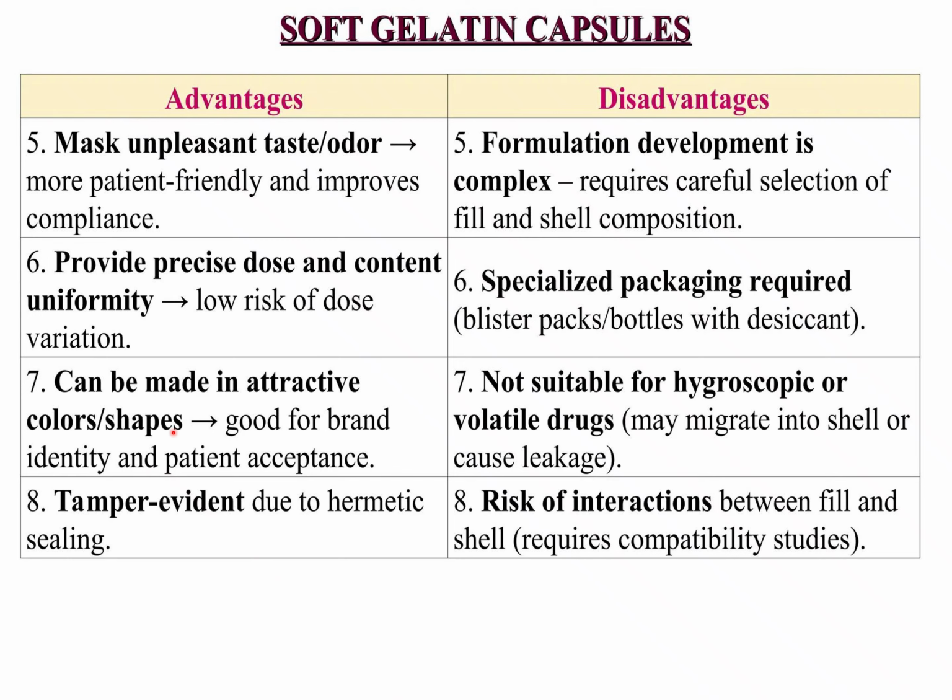Okay, we have already seen that soft gelatin capsule can be found in different colors and different shapes. Then tamper evident due to hermetic seal. In hard gelatin capsule, we have found out that there is a risk of separation of cap and body. But in case of soft gelatin capsule, as it is hermetically sealed, this problem can be minimized.